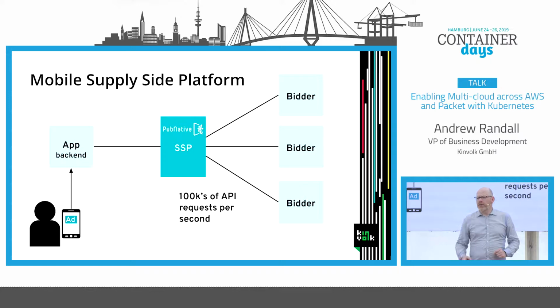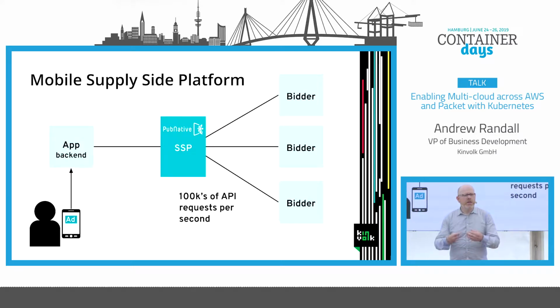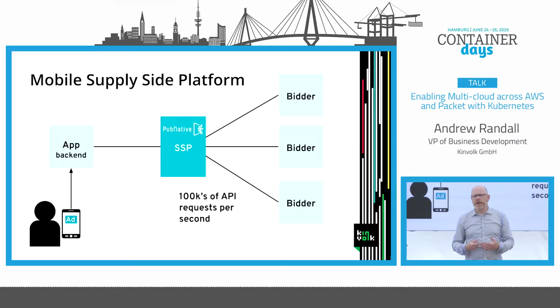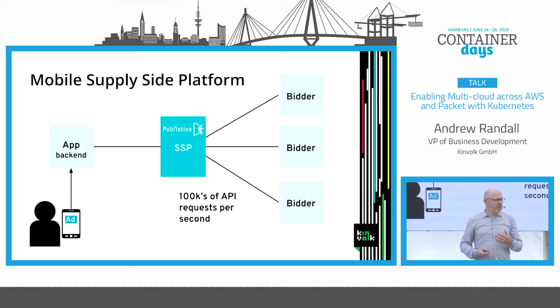They then go and farm that offer out to a bunch of bidders, hundreds of thousands of API requests per second, typically running through the platform, and they'll feed an ad back to the application based on a whole lot of artificial intelligence that they apply to which is going to be the best ad for that user at the right price.